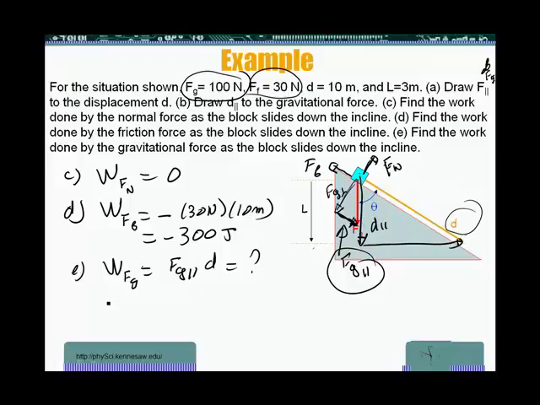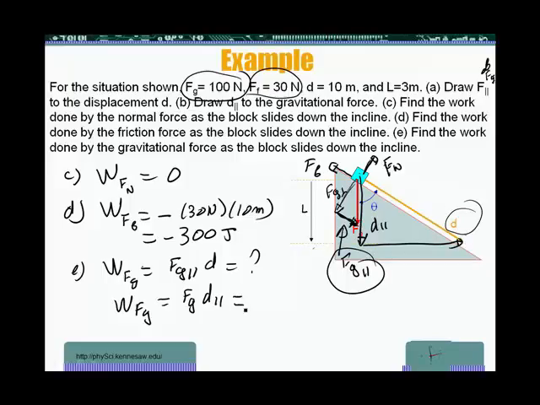Now, our other option is to think of the full Fg. It displaced the object by this vertical amount. So then we write the equation as Fg times d parallel. Now these are parallel to each other.